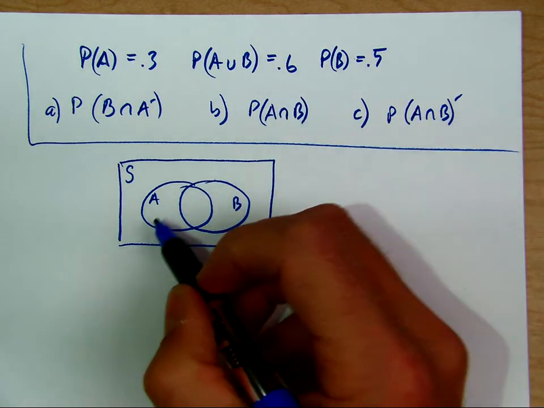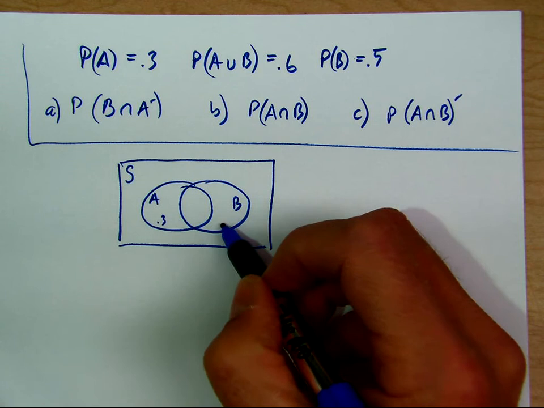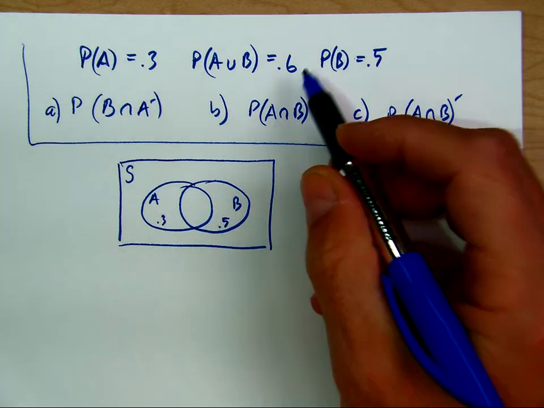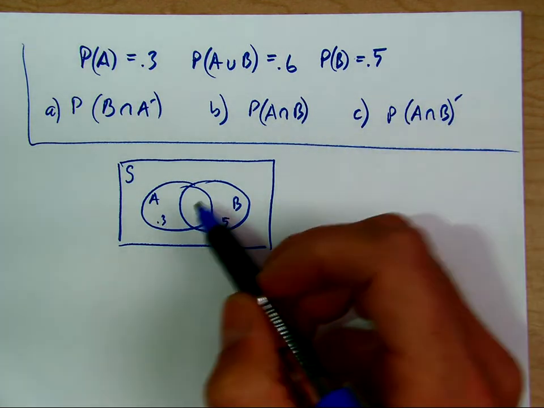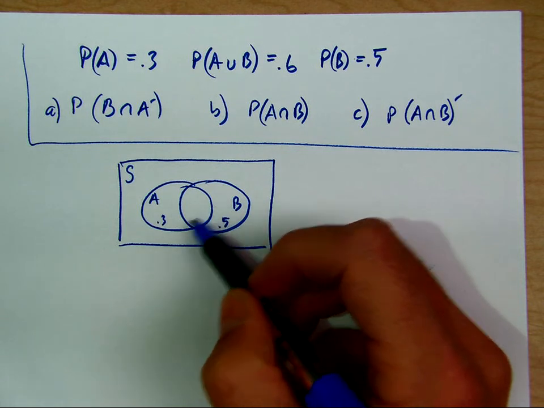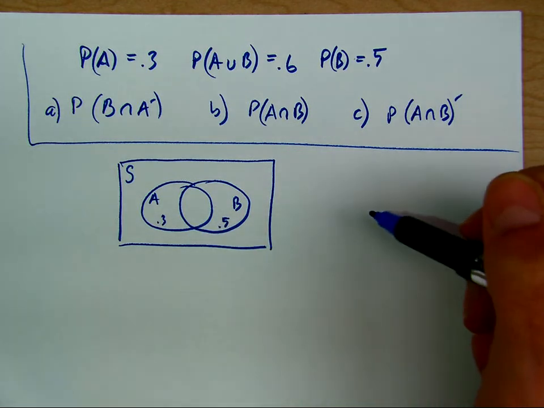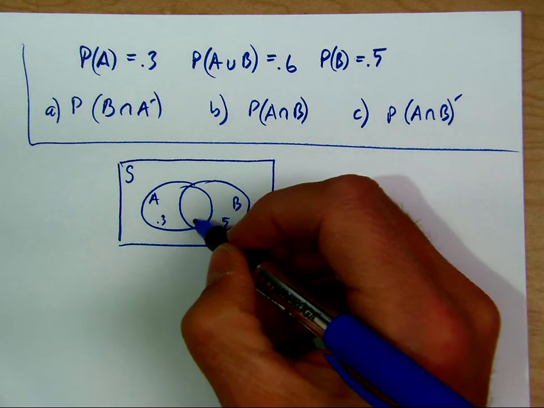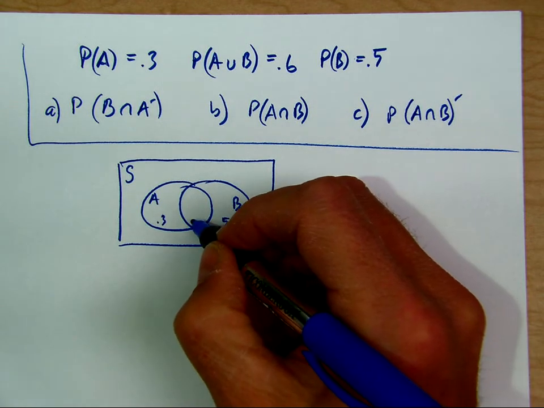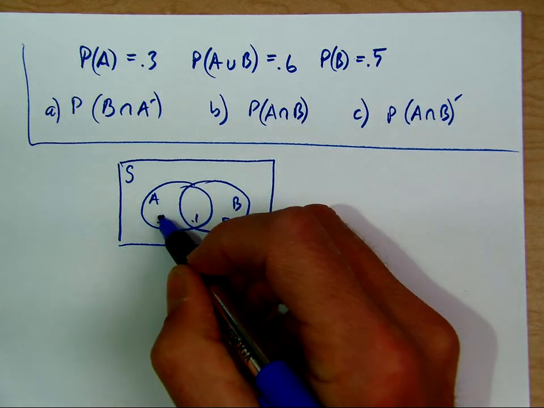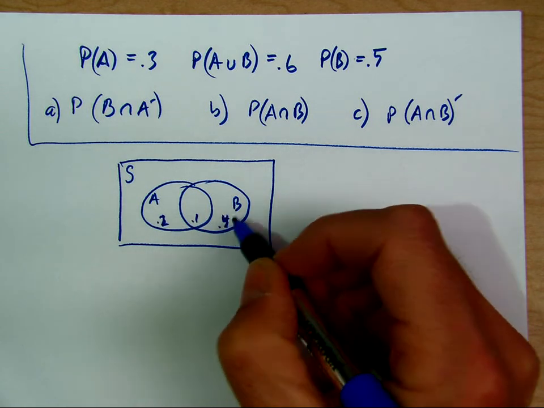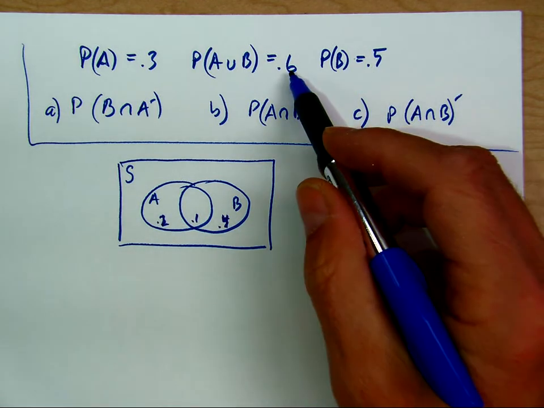So we can't say 0.3 and 0.5 because that would add up to 0.8. So we have to decide how much is in here. And we could use the formula. We could also just guess and say, well, if I put 0.1 there, this is a 0.2 and that's a 0.4, and then check. Is this going to add up to 0.6?